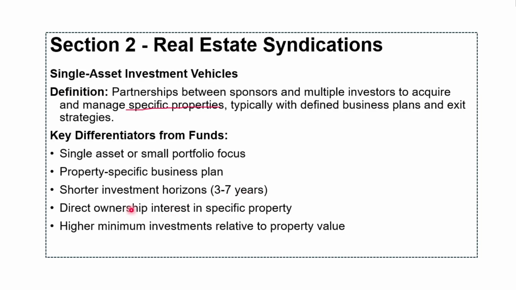Investors get direct ownership in the specific property rather than units in a fund. However, they often require higher minimum investment relative to the property value, right? So this structure appeals to investors who want to understand exactly what they are investing in and prefer transparency over diversification, right?